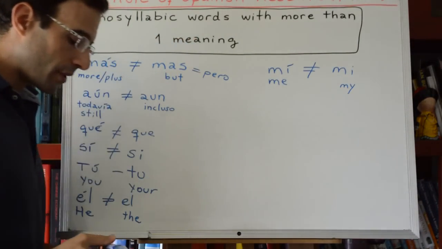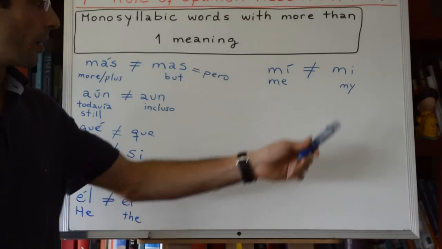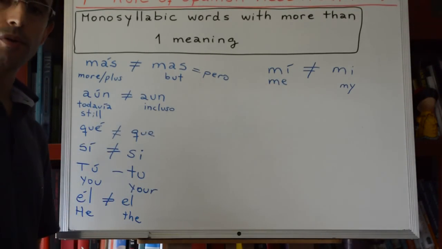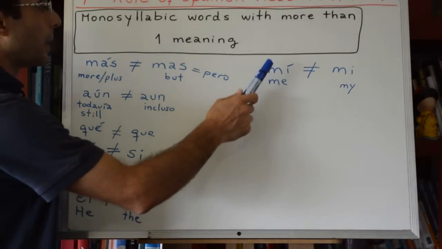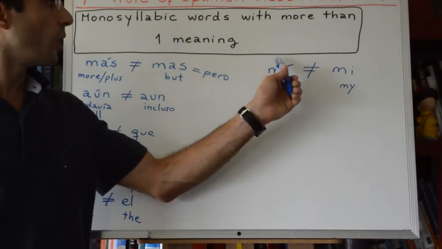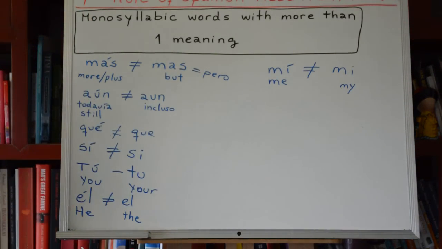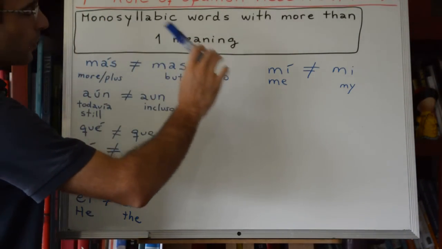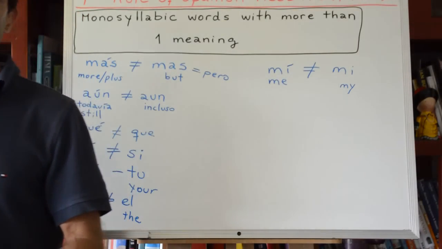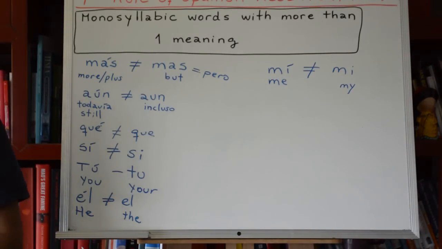My. Like, for example, in mi auto. My car. Mi auto. Mi perro. My dog. So, mí and mi, different meanings. Okay? Same word, one with a tilde, another one without the tilde. Okay? So I will not write down the whole list of monosyllabic words that can carry the tilde for one meaning and not for another meaning.